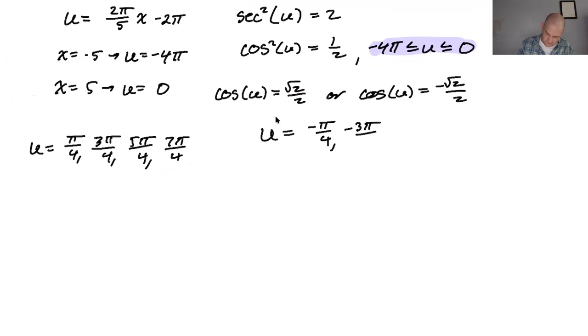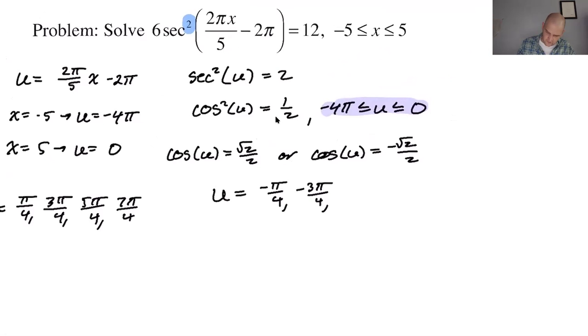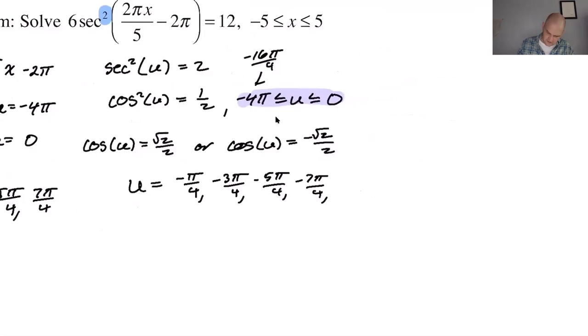-3 pi/4. What are we going to stop at? We're going to stop when we get to -16 pi/4. So -5 pi/4, -7 pi/4. Keep going. -9 pi/4, -11 pi/4.